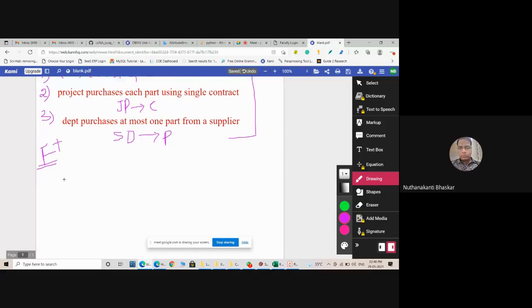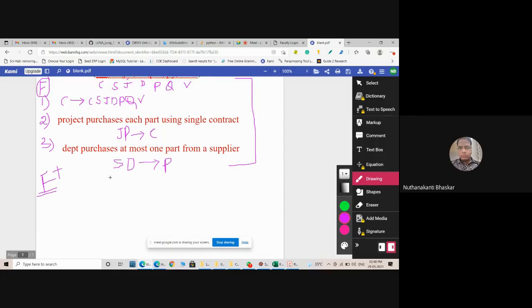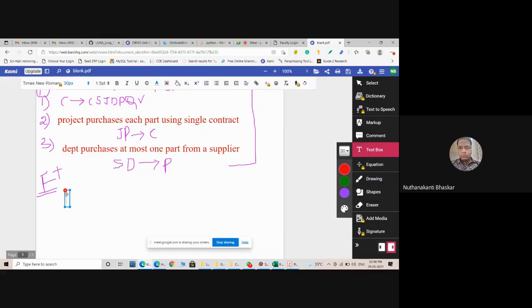Right. Now, how to find the closure set of functional dependencies? Just now we discussed the formulas, the six Armstrong axioms. Based on that, we need to do it. Here, observing this, from JP determines C, that is the second one.